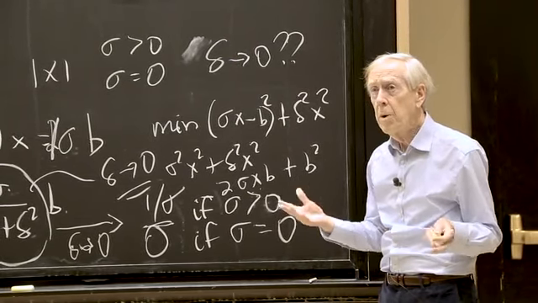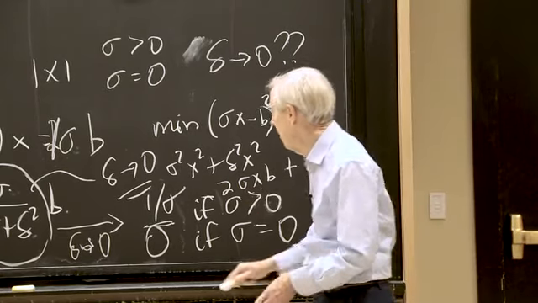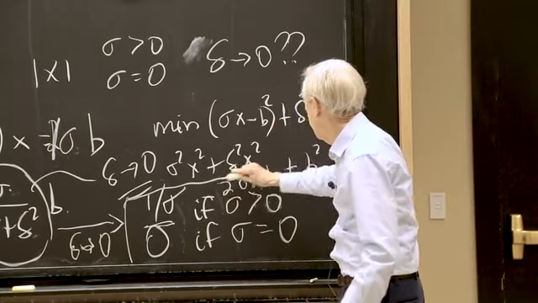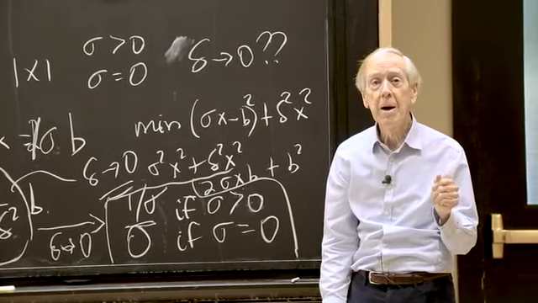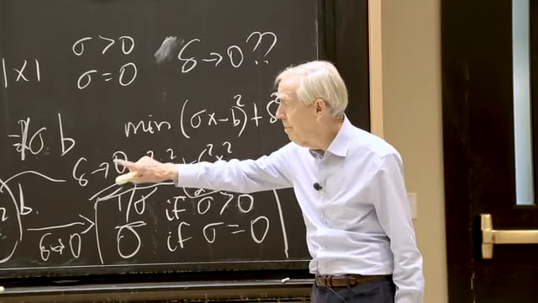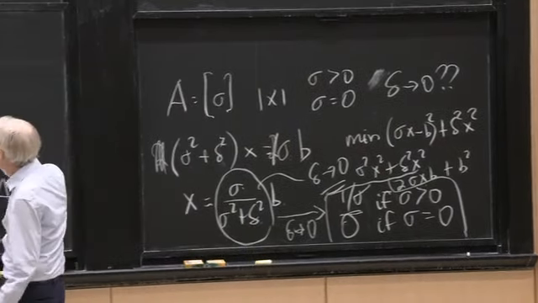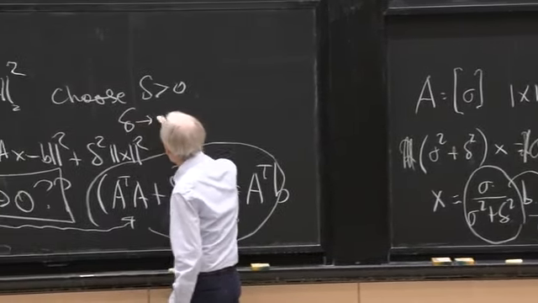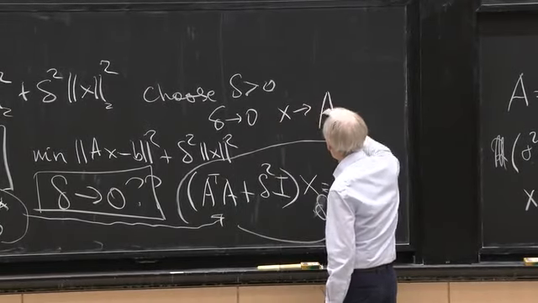You see, that's a strange kind of a limit. And what word have I found here in this limit? The pseudo-inverse. So this system: choose delta greater than 0, then delta going to 0, the solution goes to the pseudo-inverse.